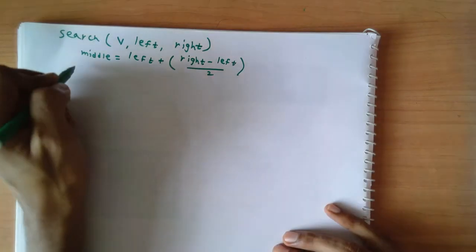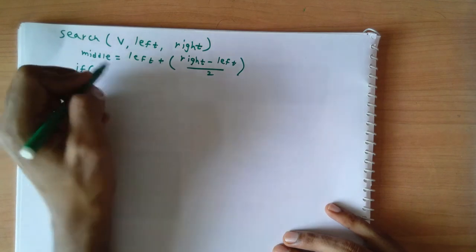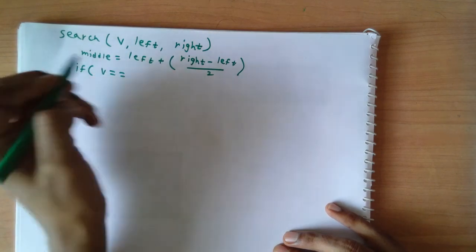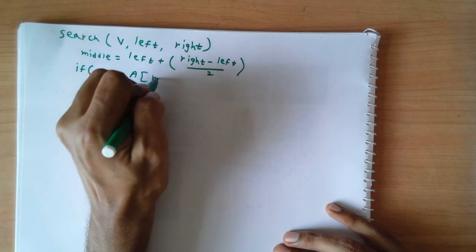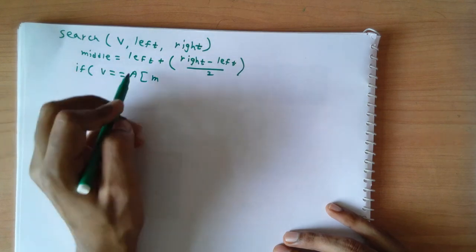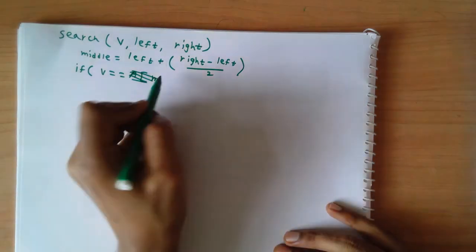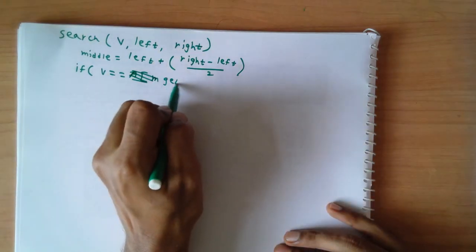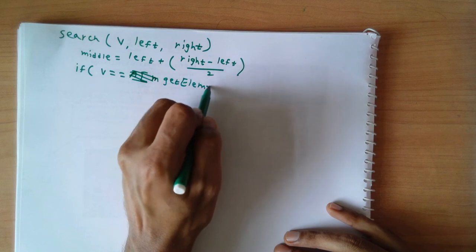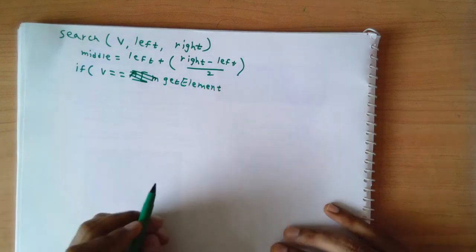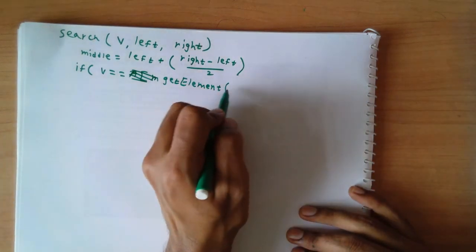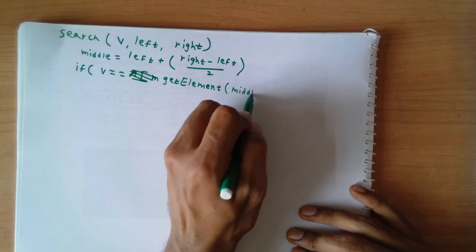So we'll ask the question, if v is equal to the get element operation, right? That's the way we had written in our array, at middle.